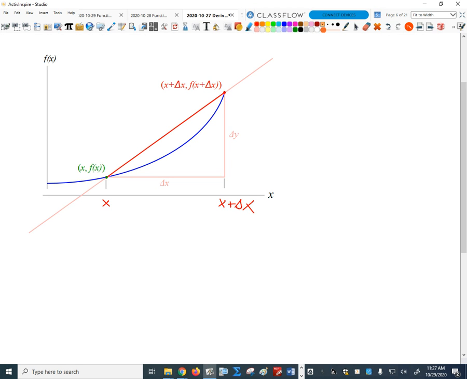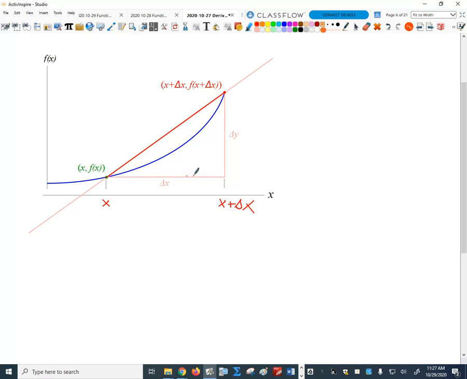Well, the secant line is intersecting the curve in two places. If I draw a line through those two intersections, what do you think the slope is telling me of that line? Slope is just rise over run. The rise between these intersections we could call delta y, or the change in the function.